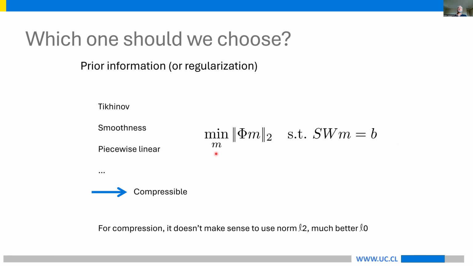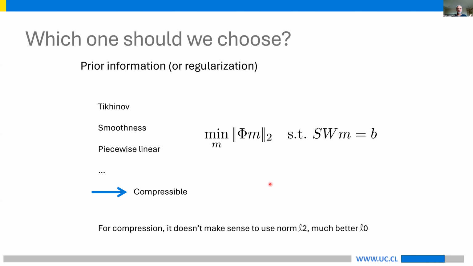So in this minimization, we need to choose something, this phi here, that makes good images. It could be a Tikhonov regularization. We can do a smoothness regularization, piecewise linear, etc. The one we're going to choose, as we're going to see, is compressibility. So we're going to choose the M that is most compressible, subject to the data consistency.